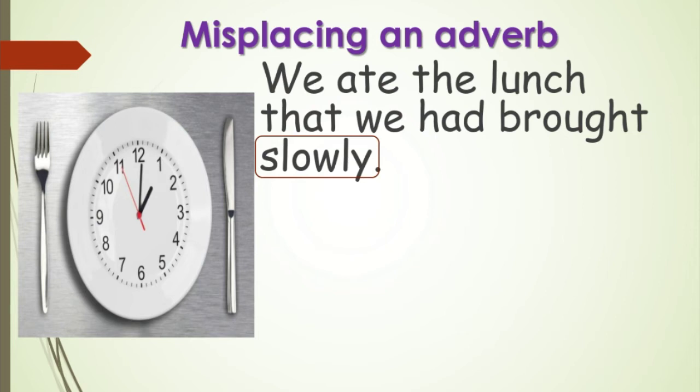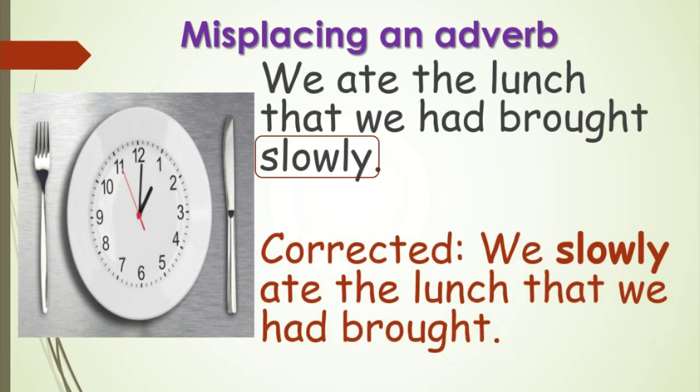So do you think they brought the food at a slow speed? The meaning of this sentence is quite imprecise. To repair the meaning, move the adverb slowly near the verb ate. So the sentence will become, we slowly ate the lunch that we had brought. So slowly modifies the verb ate.